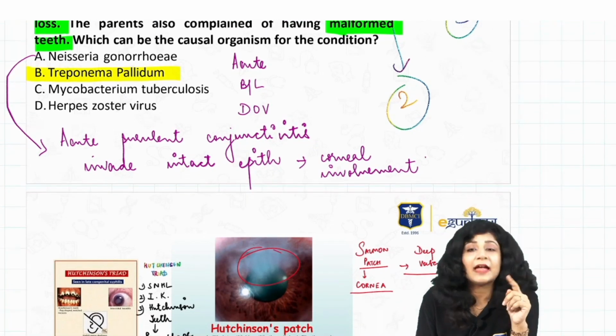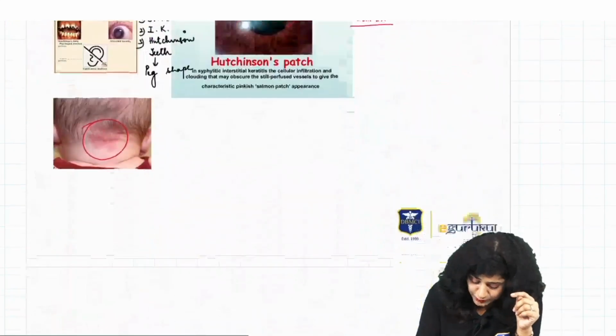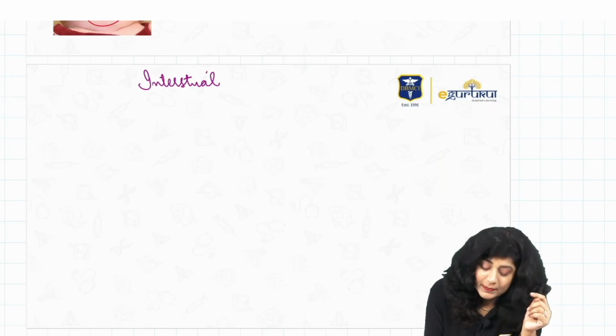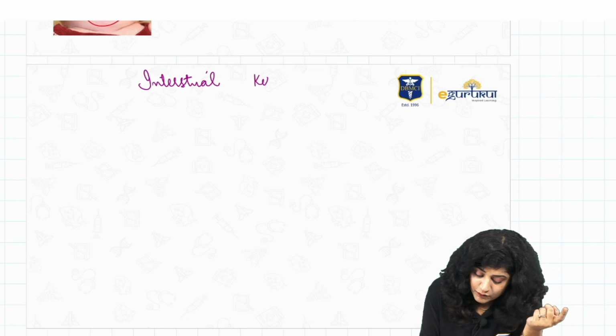Talking about the Mycobacterium tuberculosis. First of all, if I discuss the causes of interstitial keratitis, can it be Mycobacterium tuberculosis? See, what is interstitial keratitis?